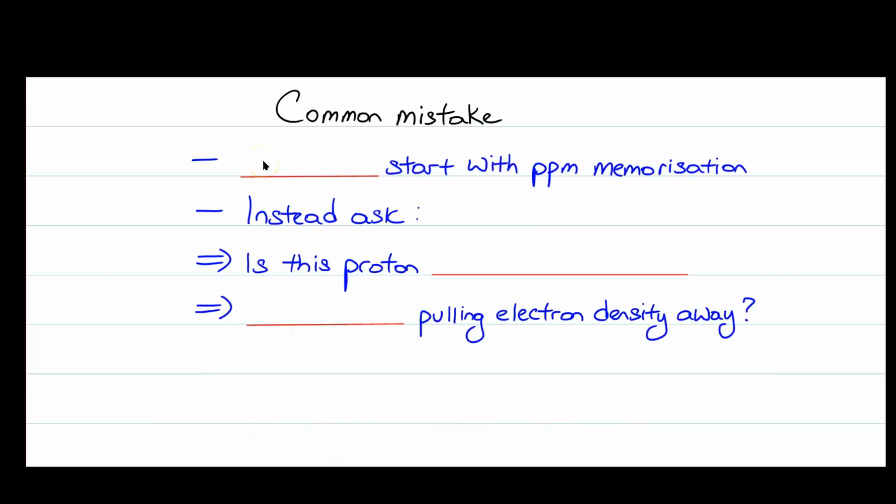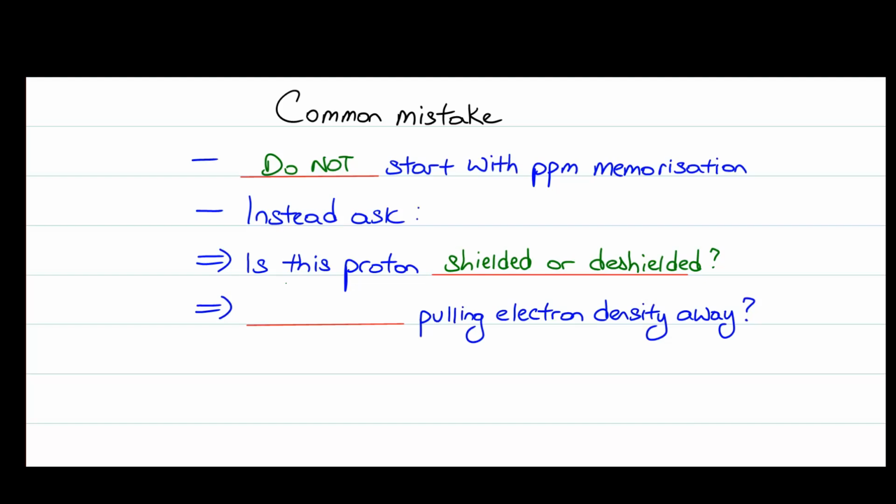A common mistake is to jump straight into trying to memorize a long list of ppm values. That can help later, but it should not be your first instinct. Do not start with ppm memorization. Instead, ask the chemical question. Is this proton relatively shielded or deshielded?